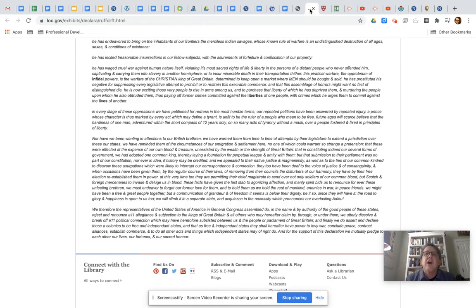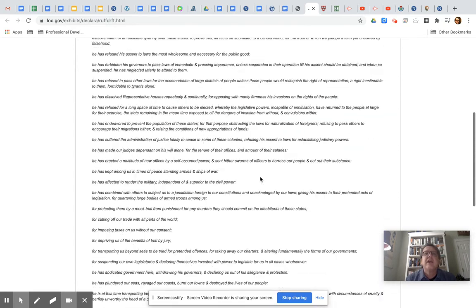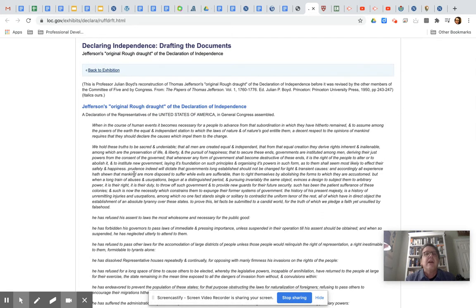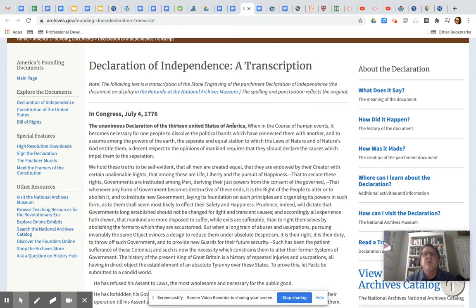One more thing I'm going to ask you to do is to look at the original draft by Thomas Jefferson. Let's just give the opening draft a read. When in the course of human events it becomes necessary for a people to advance from that subordination in which they have hitherto remained, let's compare that to the version we're familiar with.